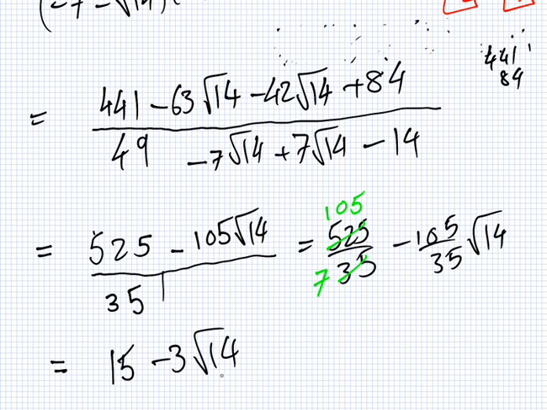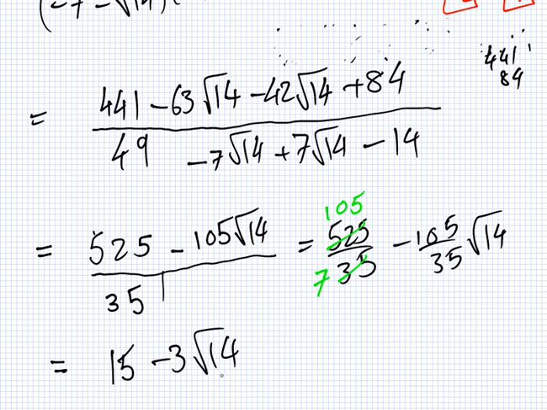So that's 525 minus 105 root 14, all over 35, which equals 525 over 35 minus 105 over 35 root 14.